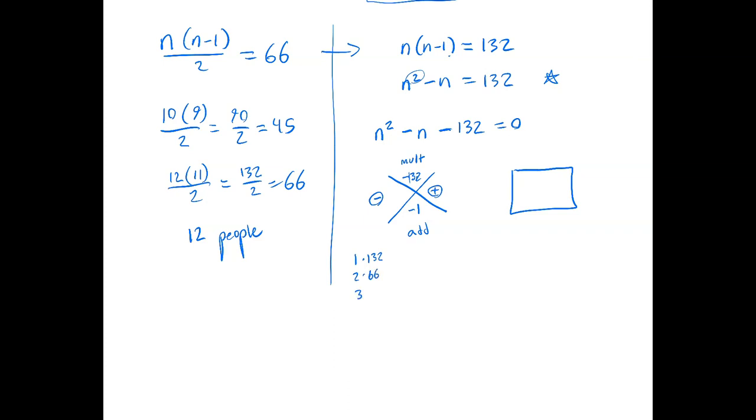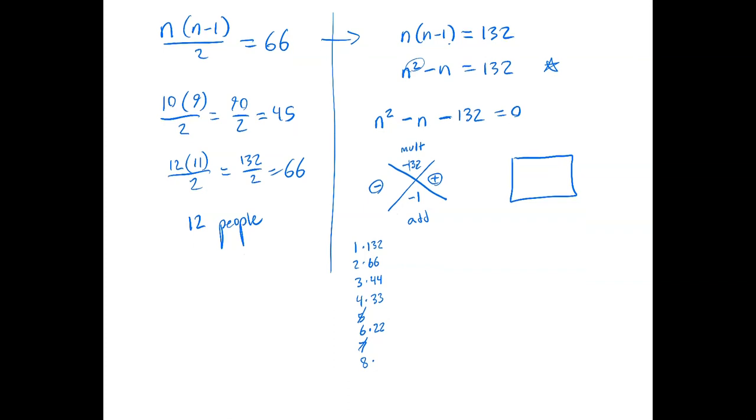No. 3 times 44? No. 4 times 33. 5 doesn't work. 6 times 22. I love these 11s. This is nice. 7, I don't think works. Nope, doesn't work. 8 times. So there's only so many things. I only need to check up to about 11 or 12, and that's it.